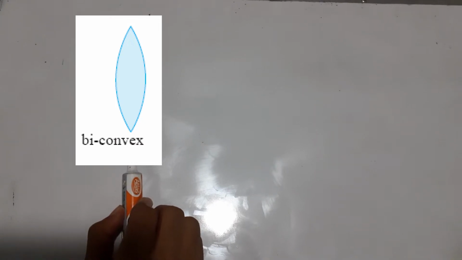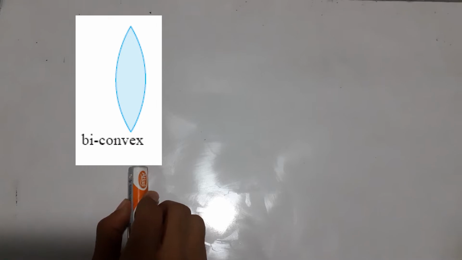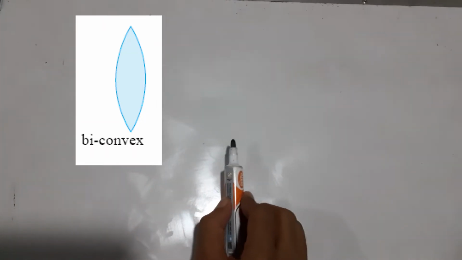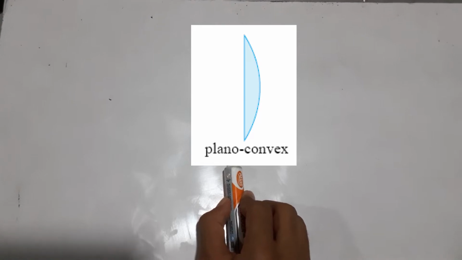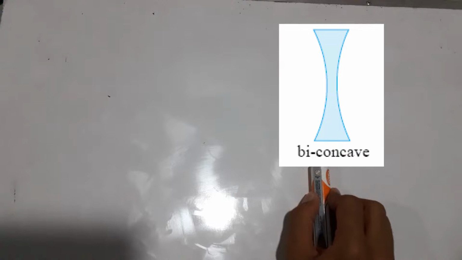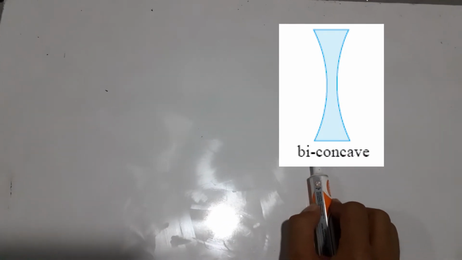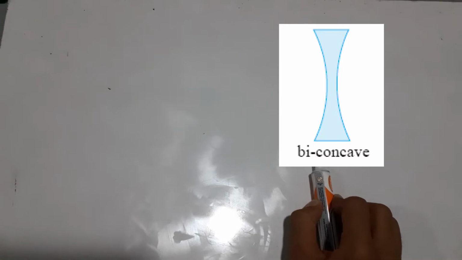The lens with two convex surfaces is called a biconvex lens. The lens with one convex surface and a plane surface is called a planar convex lens. The other one has two concave surfaces, so it is called a biconcave lens.